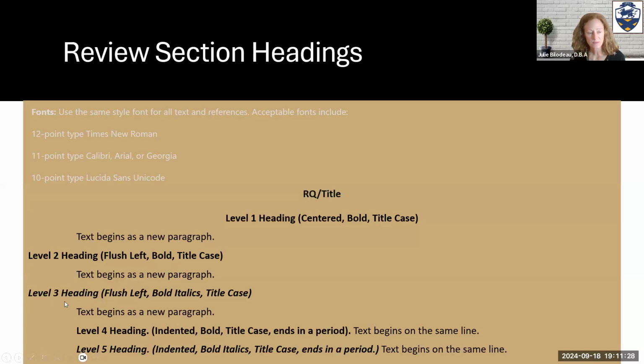Level 3, it's the same thing, just that this is italicized. Levels 4 and 5 are a little bit different. You're actually putting the heading at the indentation. So where you would normally indent your paragraph, you're going to put your heading, and then your text just begins right after that, as if it was a continuation of the line, except that the heading piece is bold. And same thing with level 5, except that it's bold and italicized.